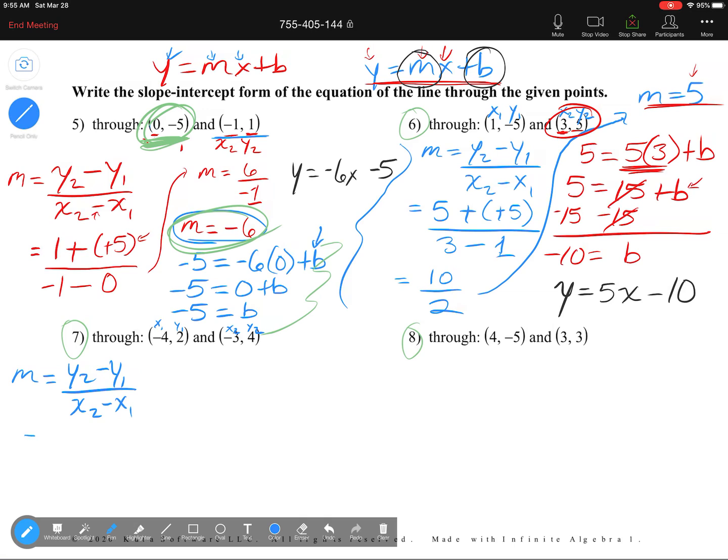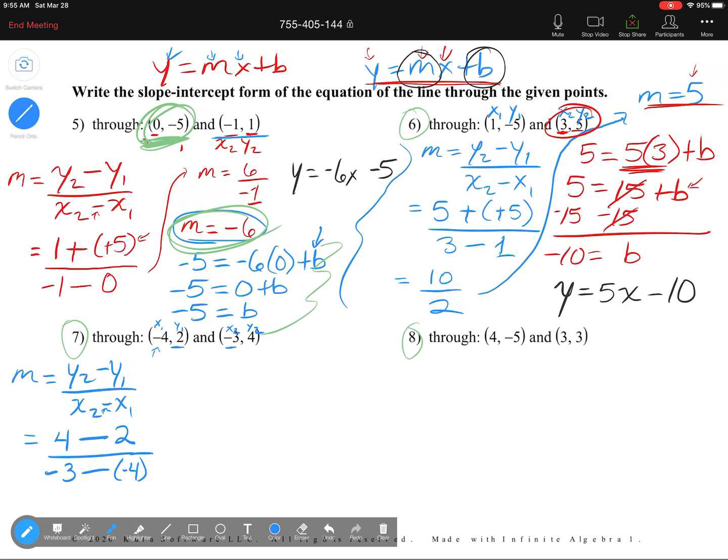And then placing our values where they appropriately belong, we end up with 4 minus our y1, in this case it's 2, all over our x2, in this case we see that it's negative 3, minus, again from the slope formula, our x1, which is negative 4.